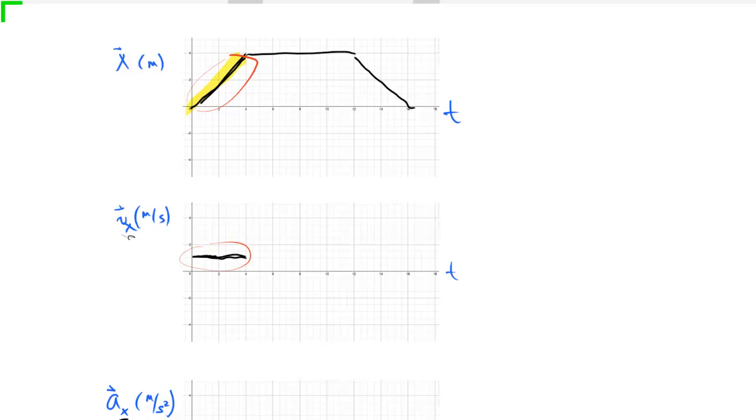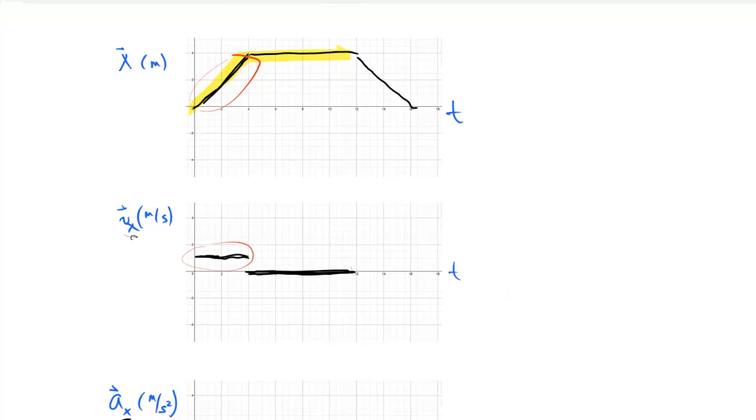And then in this region, we have a slope of 0. So that means that our velocity is 0. From 4 seconds to 12 seconds, we have a velocity of 0, meaning that the particle is just sitting there staying still.